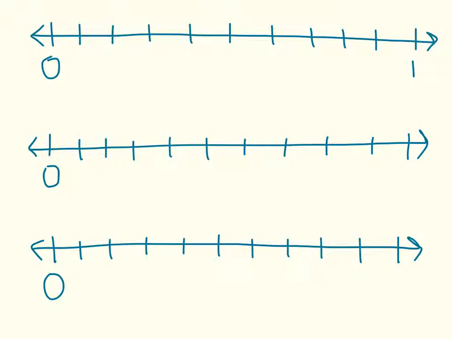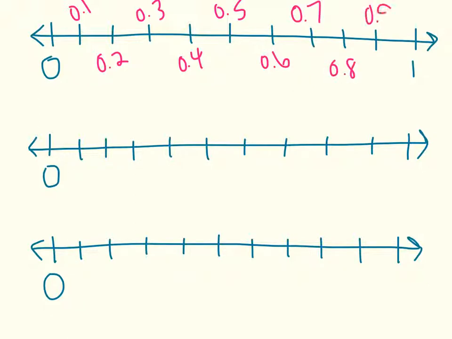So in my first number line at the top, labeled from 0 to 1, because there are 10 spaces, I know that if I were numbering this number line, it would be 1 tenth, 2 tenths, 3 tenths, and so on and so forth. 7, 8, and then when I get to 9 tenths, the next one would be 10 tenths, which is the same as 1 whole.